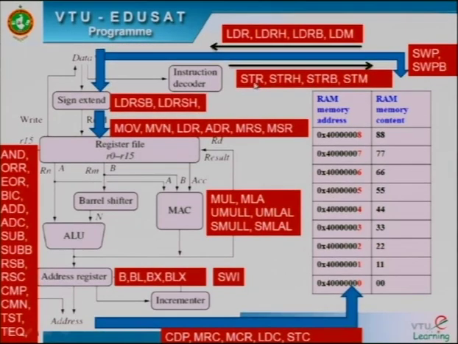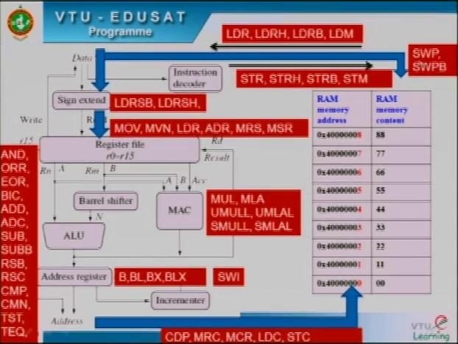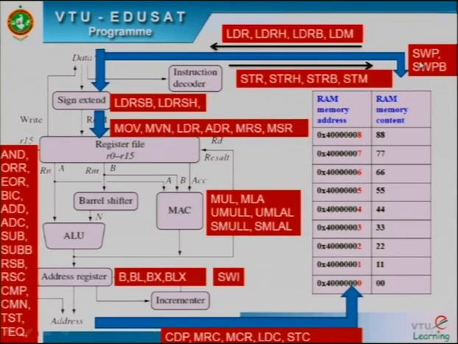With these four, there are two more instructions called SWP and SWPB. These two instructions we discussed yesterday. These are swap and swap byte. Swap the register value with the RAM location value. That is the first point. The second one, swap byte: swap the lowest byte of the register with a memory location.